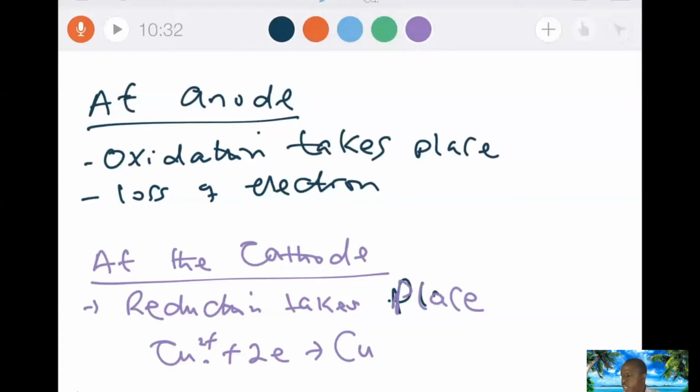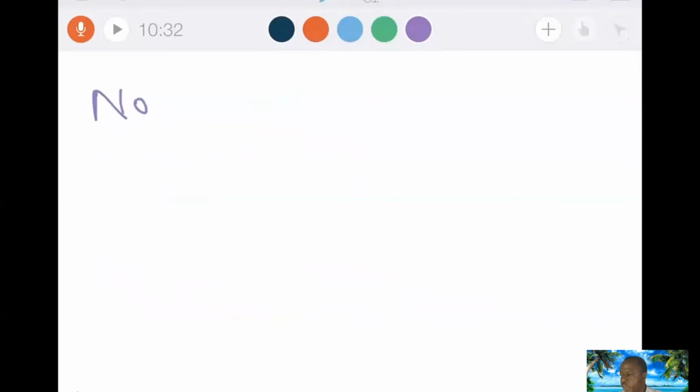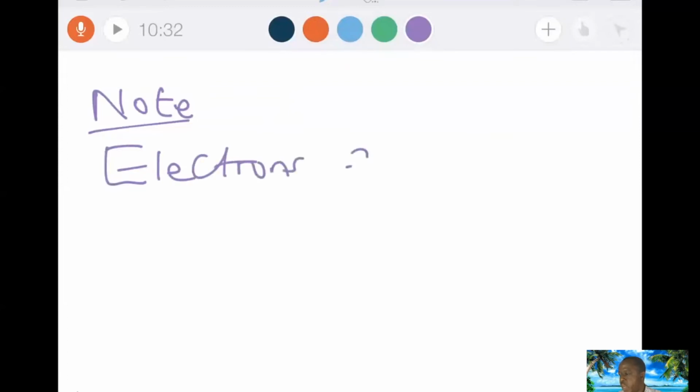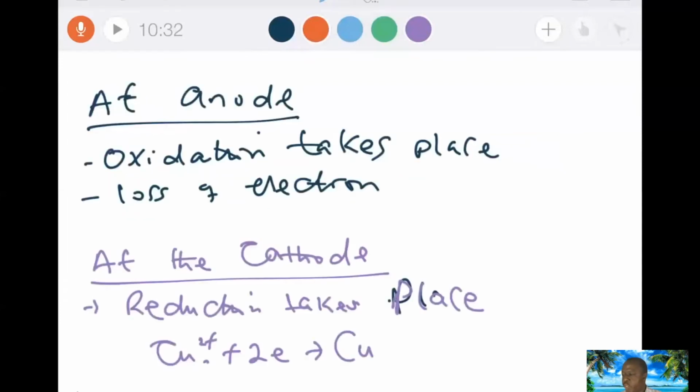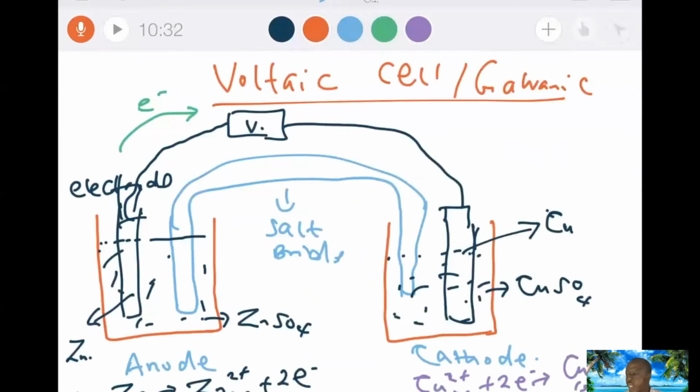In this case, note that electrons are pushed to the cathode. The electrons are pushed to the cathode from here. You see the electrons in this direction so that it reduces the ion.